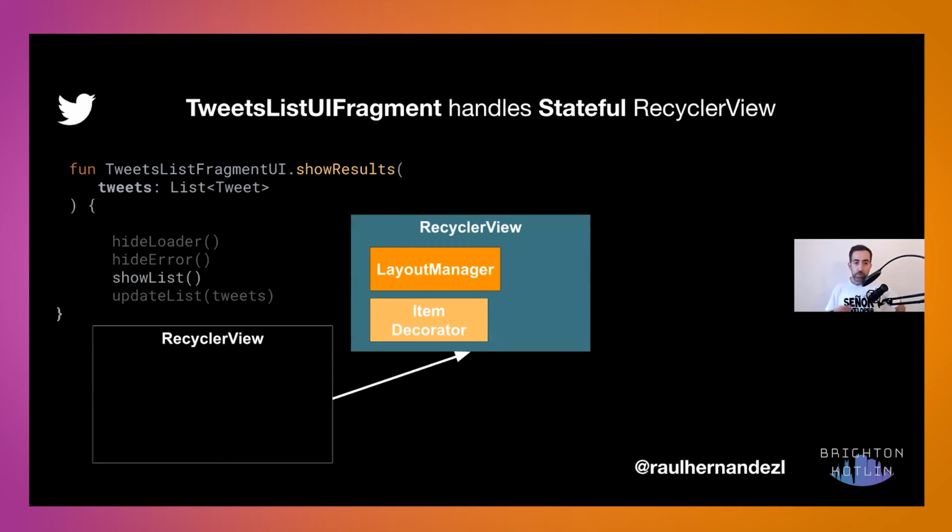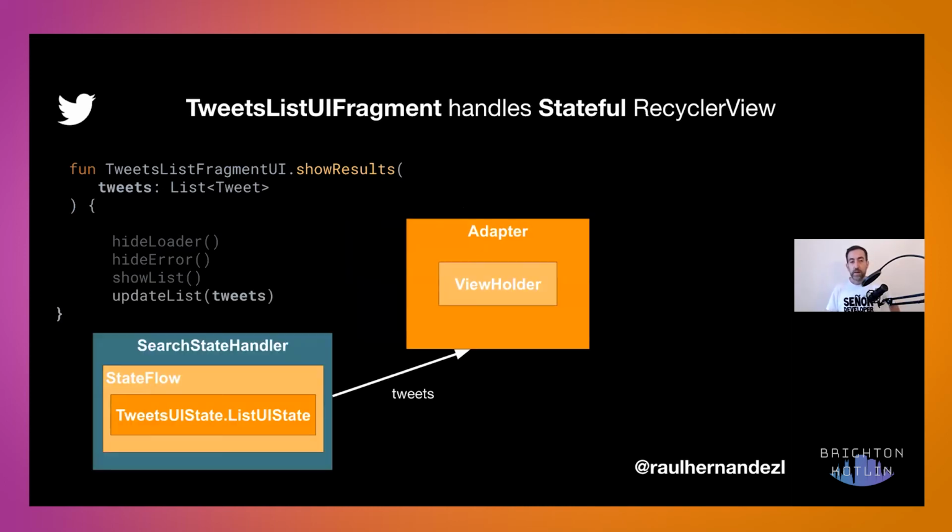And now you want to show the results. So you need to make visible this RecyclerView with the elements that you come into your RecyclerView with, the different things and items. Then finally, you also need to pass the tweets that you received by means of the state handler, contained in the state flow's UI state, passing into that a collection of tweets that are going to be reflected in the adapter with the view holders.